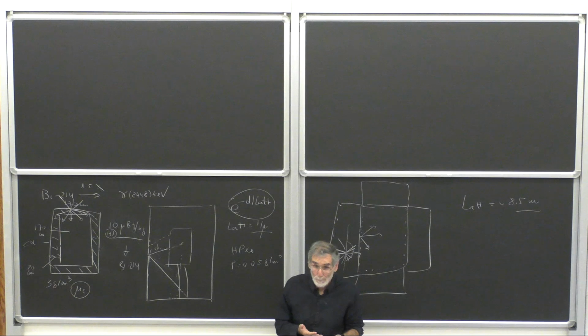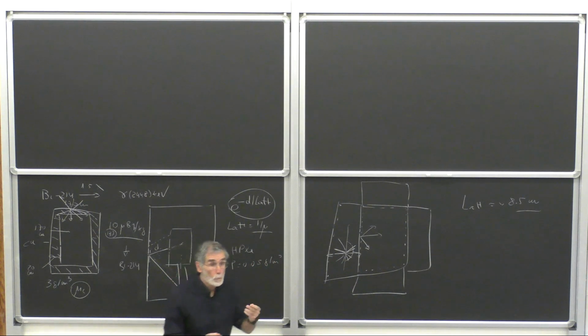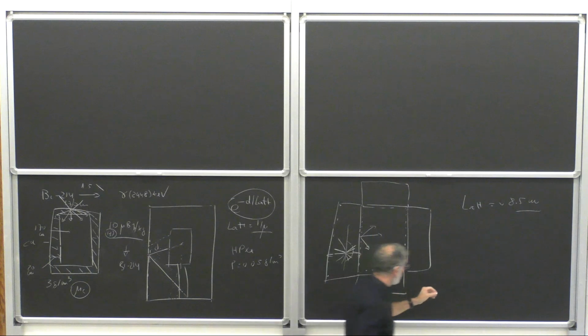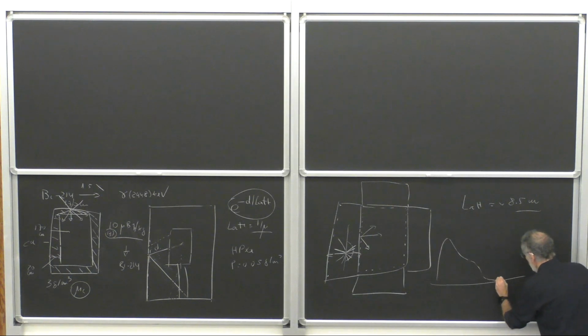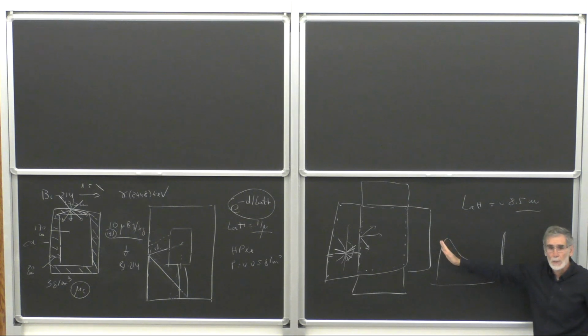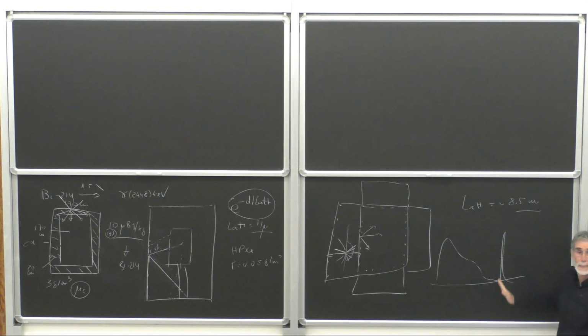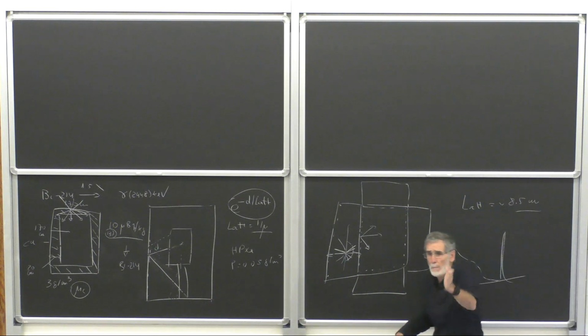Now, these gammas of 2.448 interact following the typical interaction. So you have a Compton cross-section and then a photoelectric. In first approximation, I don't care about the Comptons.